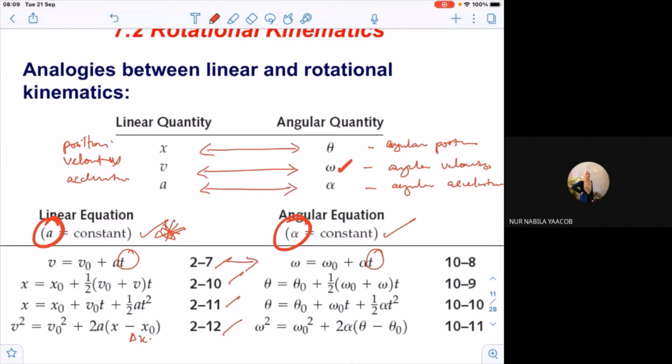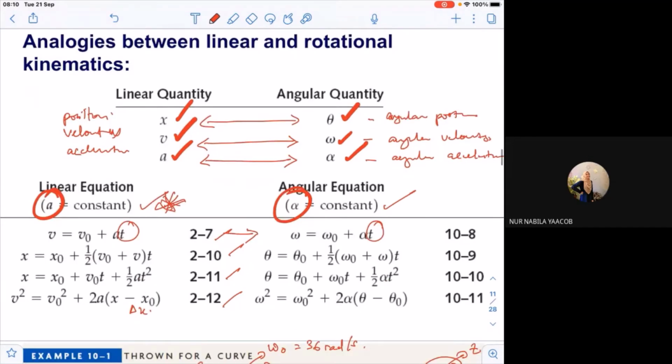For acceleration we have a, and for the angular quantity we have alpha. x is comparable to theta, v is comparable to omega, while a is comparable to alpha. It's not equal, it's comparable.